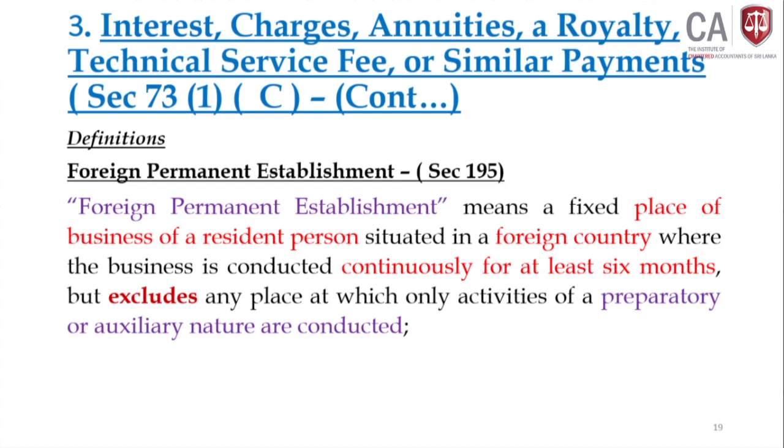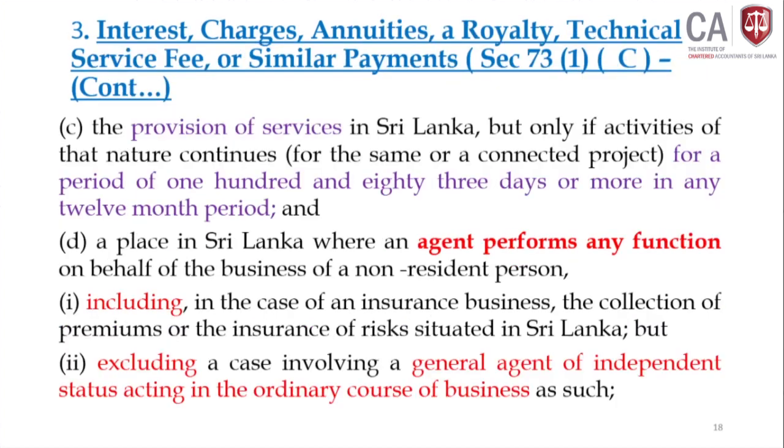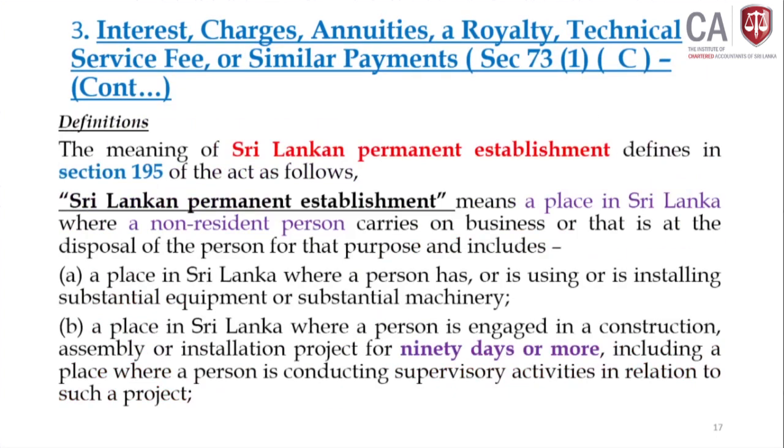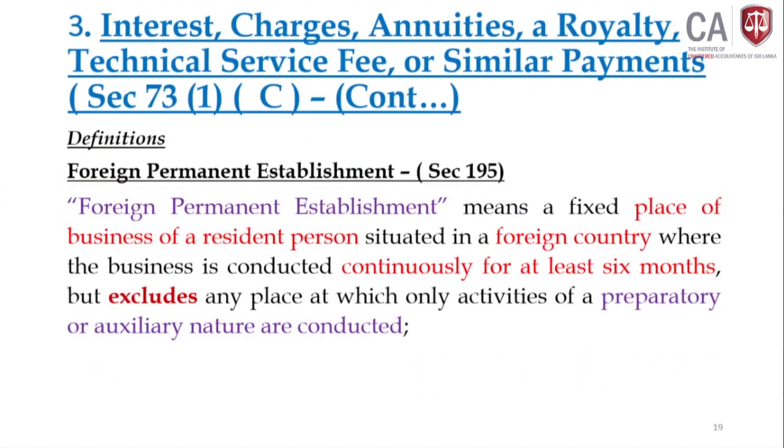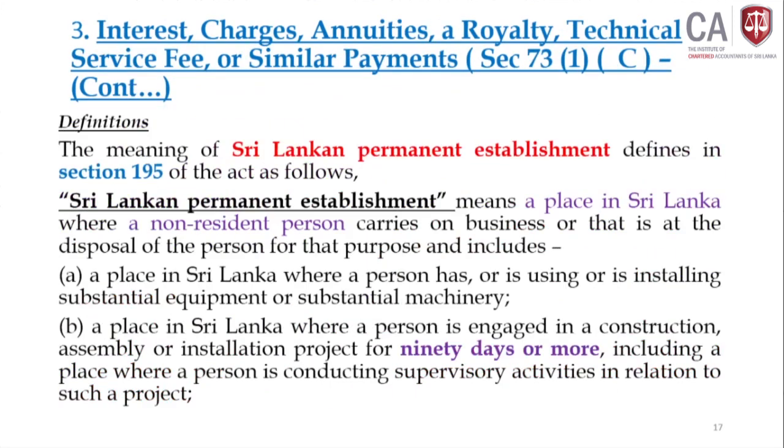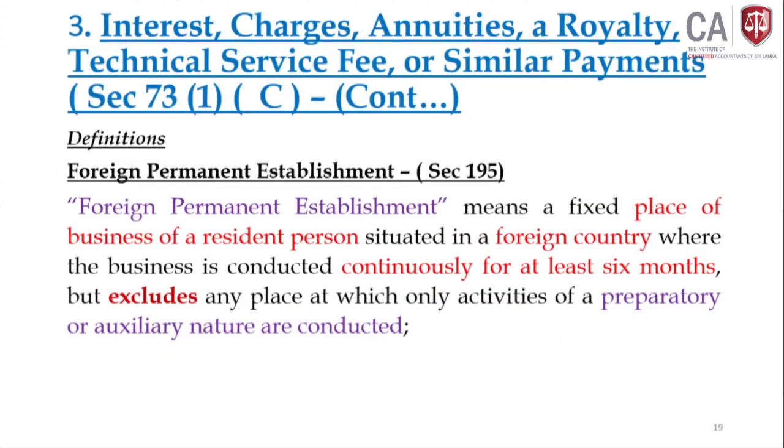Come to this. Foreign permanent establishment means a fixed place of business of a resident person, whereas for an SLPE a non-resident person carries on the business. See the difference. It is situated in a foreign country, whereas the SLPE is situated in Sri Lanka. It is a foreign country where the business is conducted continuously for at least how many months?